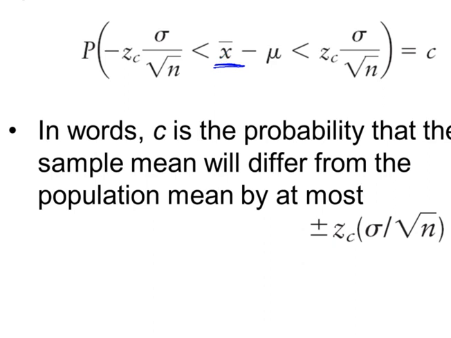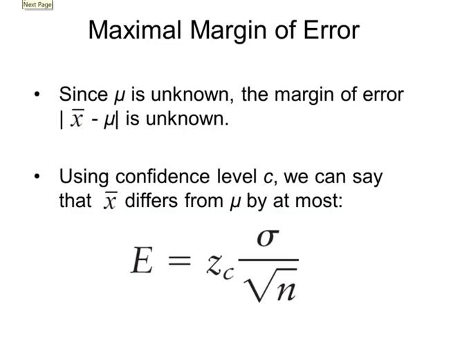I'm going to skip ahead to get to it a little more. Basically, since the population mean is unknown but we know the population standard deviation, we can come up with this error by taking whatever z-score you've got and multiplying it by the standard deviation divided by the square root of n.